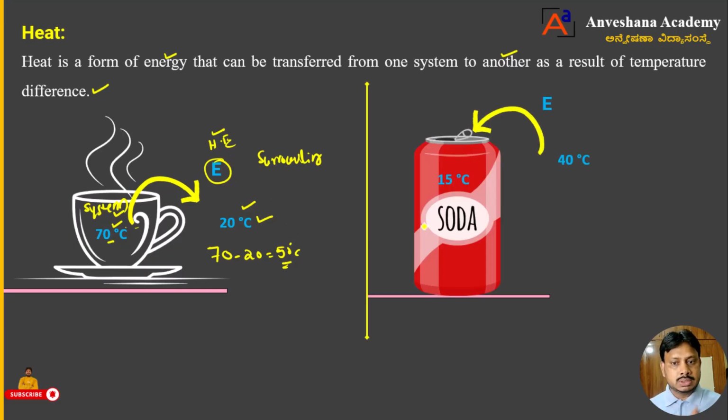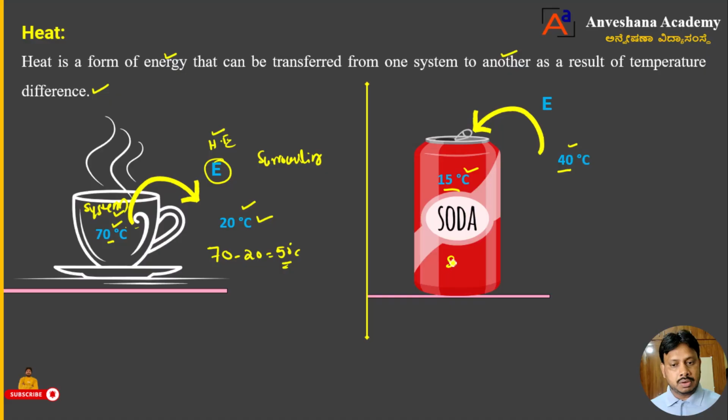Now I will take a soda bottle. That soda bottle temperature is 15 degrees Celsius. Assume that in the summer season the temperature of the ambient or surrounding is 40 degrees Celsius. Then what will happen? One kind of energy is going to transfer from 40 degrees Celsius to 15 degrees Celsius.